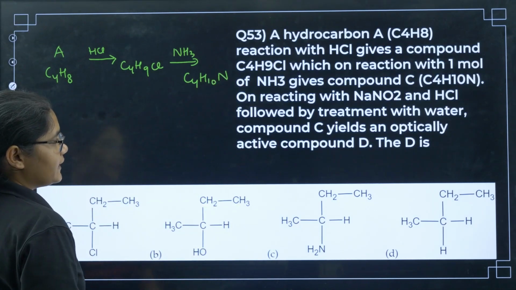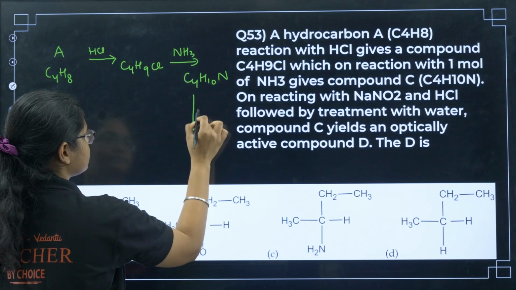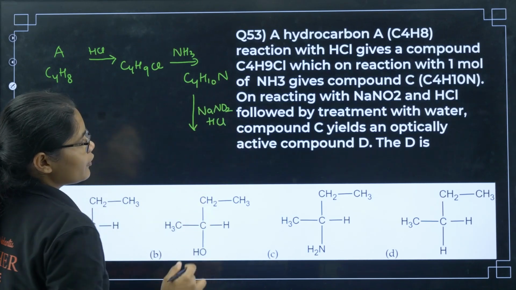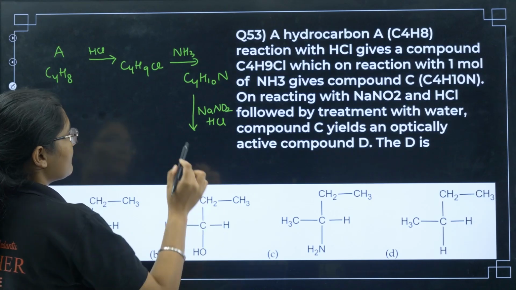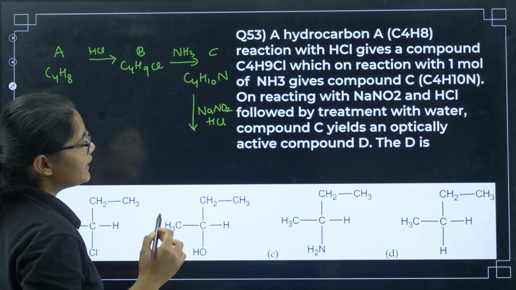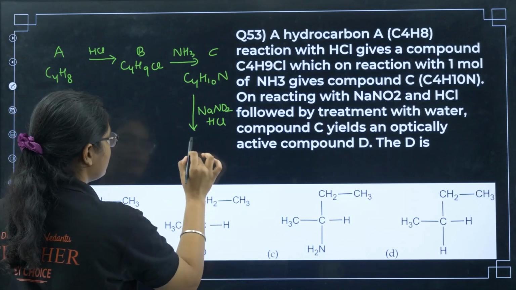On reacting with NaNO2 and HCl, followed by treatment with water, compound C, so this is A, this is B, and this is C. Compound C yields an optically active compound D.